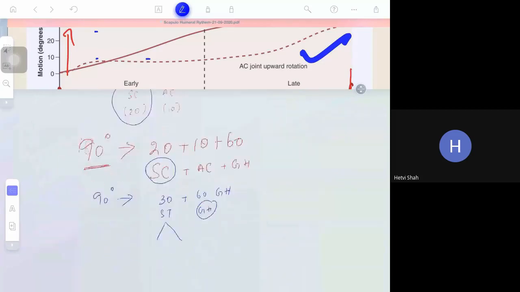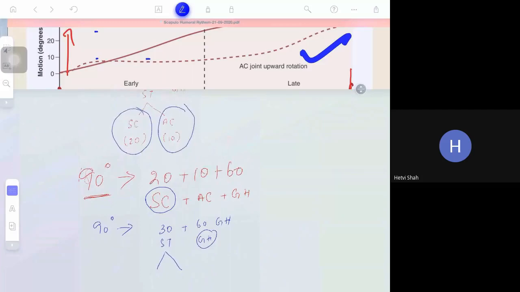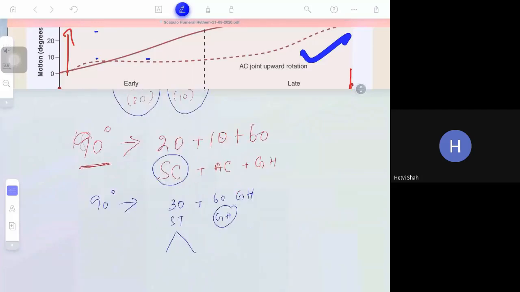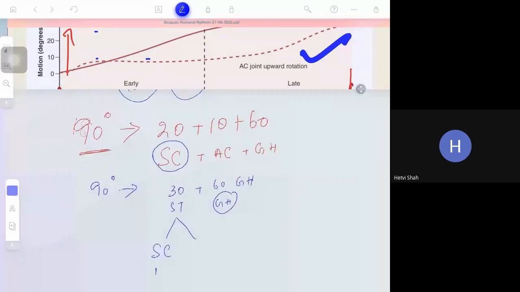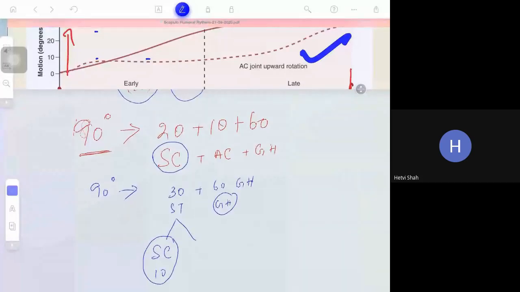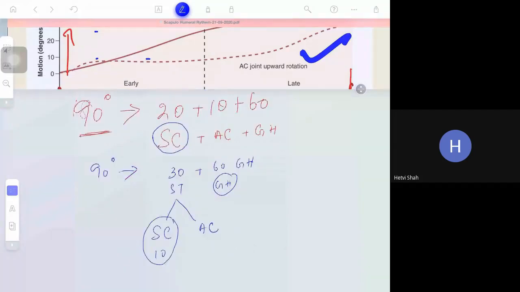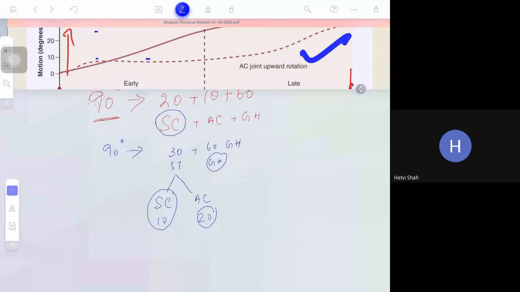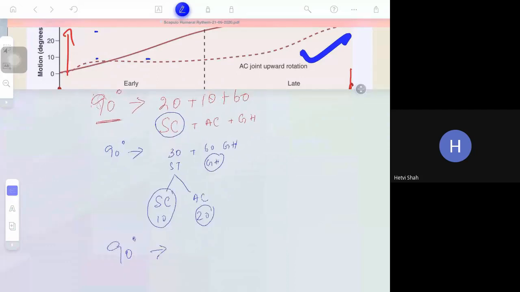Sternoclavicular is 20, acromioclavicular is 10. But now sternoclavicular will be 10, approximately, this is not fixed. I am talking approximately. And acromioclavicular joint will be 20. So now how can you write? The 90 degrees can be split into 10 plus 20 plus 60. Sternoclavicular plus acromioclavicular plus glenohumeral.